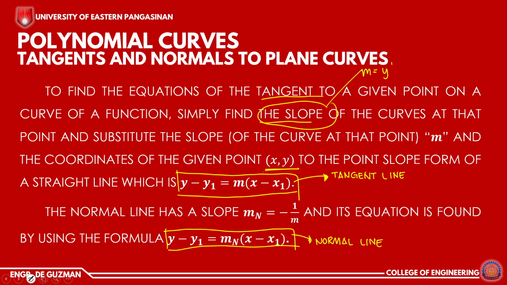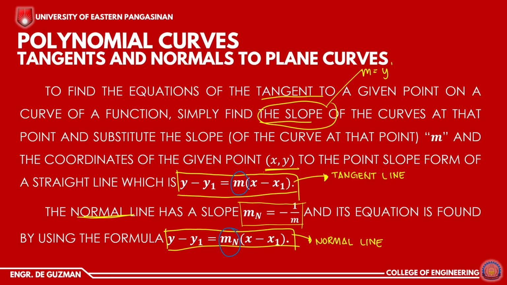So, pansinin nyo, ang pinagkaiba lang ng dalawang equation na yan ay yung in-input nating slope, which is the m. So, kapag sinabi nating normal line or the perpendicular sa ating point ng curve, ang slope na gagamitin natin ay mn equals negative reciprocal ng slope ng tangent line.